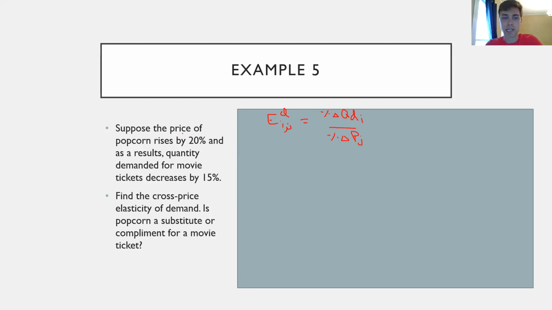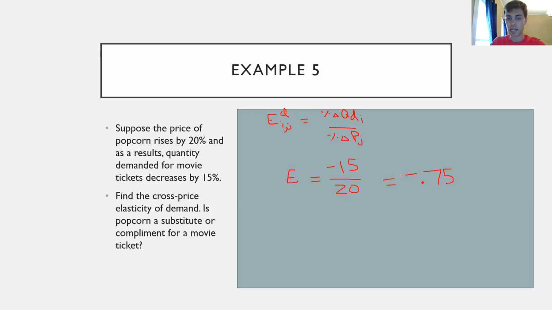So suppose the price of popcorn rises by 20%, and as a result, the quantity demanded for movie tickets decreases by 15%. So we know the quantity demanded is decreasing by 15%. That's negative 15 over 20, which was the price increase of popcorn. So our elasticity is going to be negative 15 over 20, or negative 0.75.